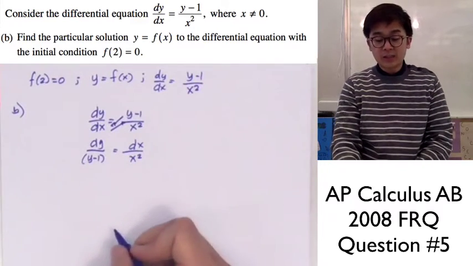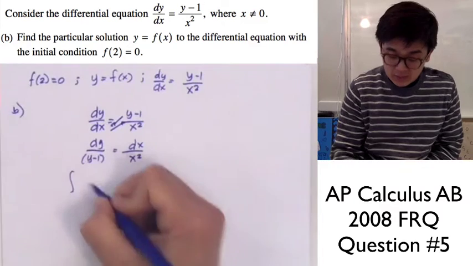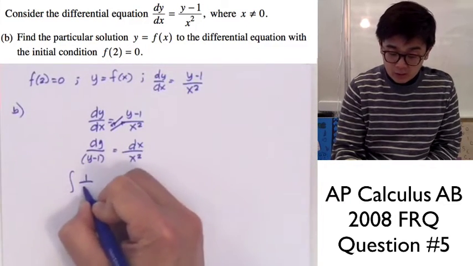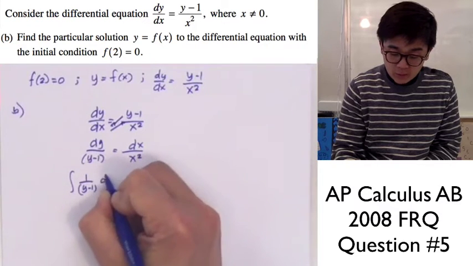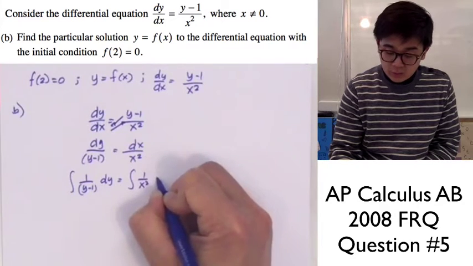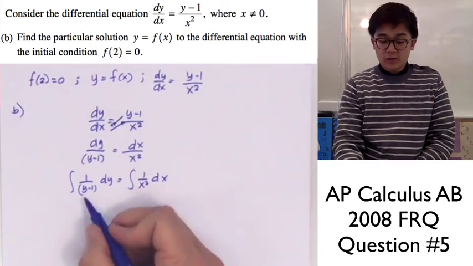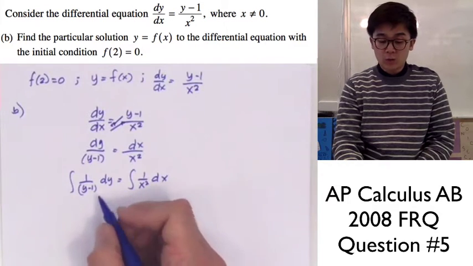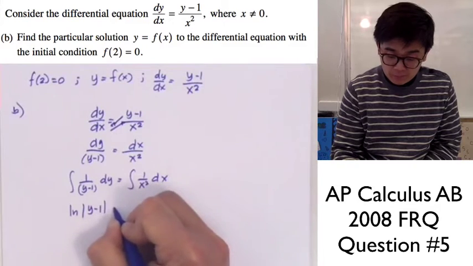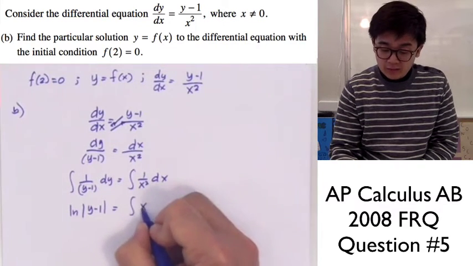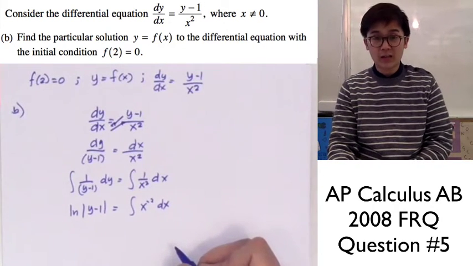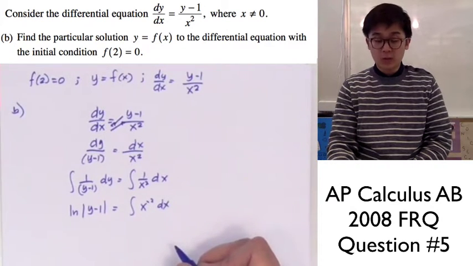Now to make it a little bit easier to integrate, let's modify the equation into the integral of 1 all over y minus 1 dy equal to the integral of 1 over x squared dx. So the antiderivative of 1 all over y minus 1 will be ln of the absolute value of y minus 1, equal to the integral of x to the negative 2 dx. We know that for the antiderivative of x to the negative 2, you add 1 to the exponent, so it becomes negative 1.